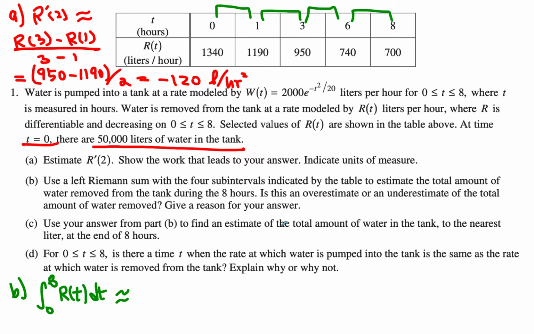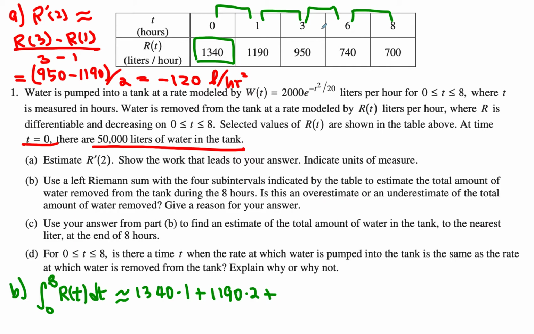For the first rectangle, we have to use the left value, so we get 1340 multiplied by the difference between these two, which is 1. Plus, within the second rectangle, we have to use the left side, 1190 multiplied by the difference, which is 2.